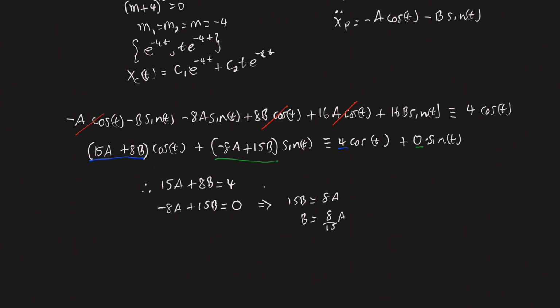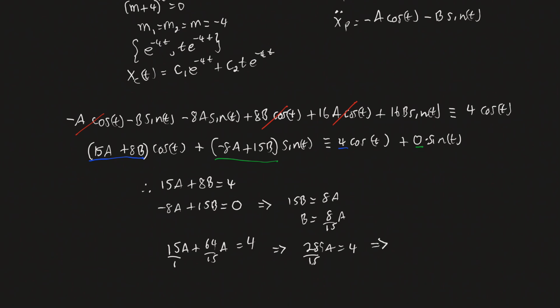All right, then I'm going to plug this into the first equation, so I'll end up having 15a plus 64, 8 times 8, so 64 fifteenths times a is equal to 4. Now 15 over 1 is the same as 225 over 15. 225 plus 64 gives us 289 over 15 times a, that's equal to 4.